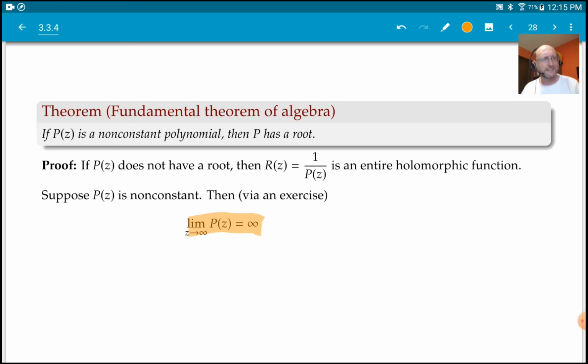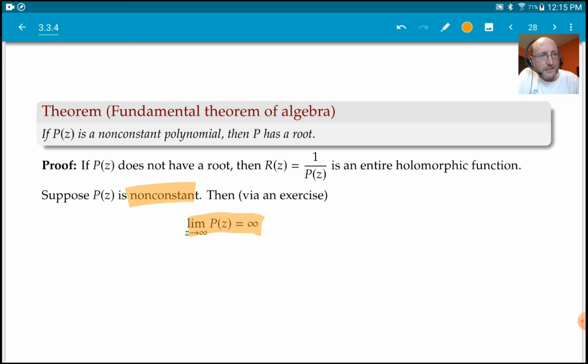If I have a polynomial of degree d, then sufficiently far out you can bound its value from below by some number times z to the d. Far enough from the origin it behaves like z to the d, which goes to infinity, as long as d is bigger or equal to 1, as long as it's non-constant.